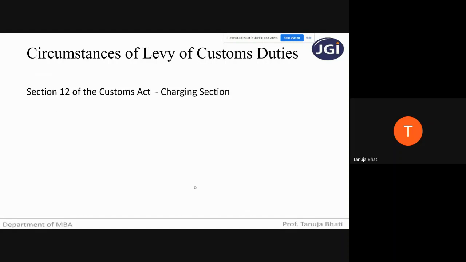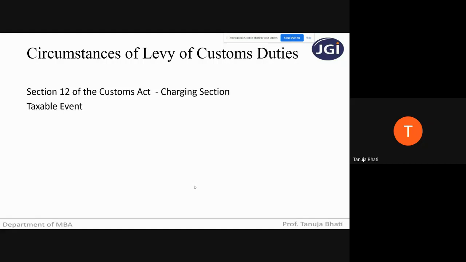Okay, the next thing we have seen is when to charge the customs duty. When does the taxable event occur? In our yesterday's class, we saw that once we have identified the taxable event, then the custom duty will be levied on that.